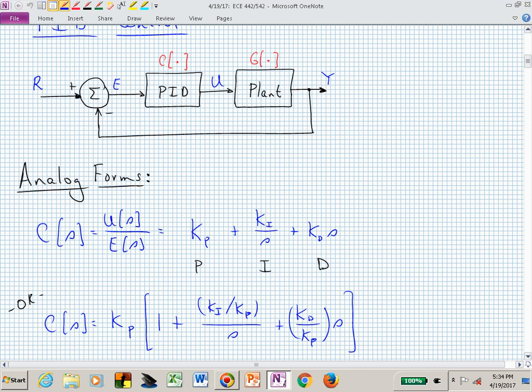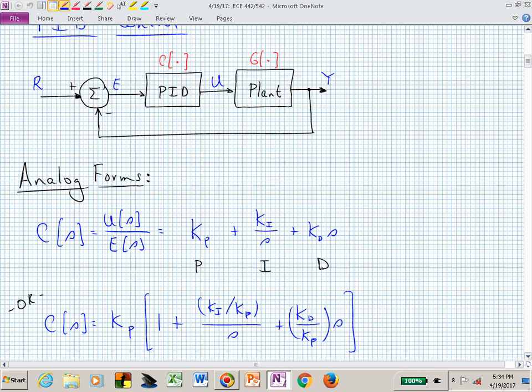The proportional piece is just a gain. The integral piece is a division by s. That's what 1 over s as an operator does in the frequency domain. That really represents an integration in the time domain. And differentiation in the continuous time setting is, in the frequency domain, consistent with the multiplication by s.